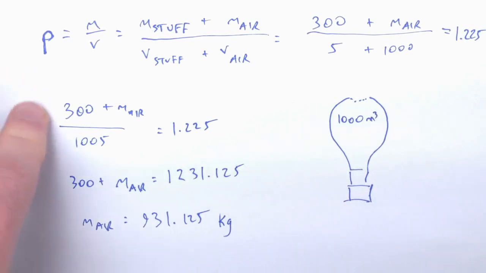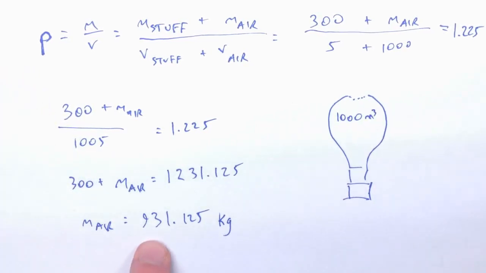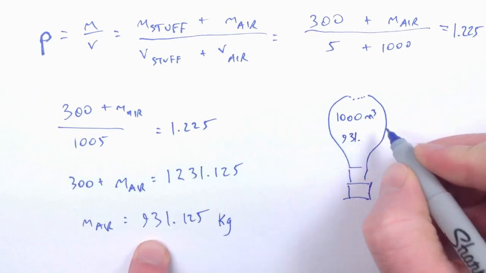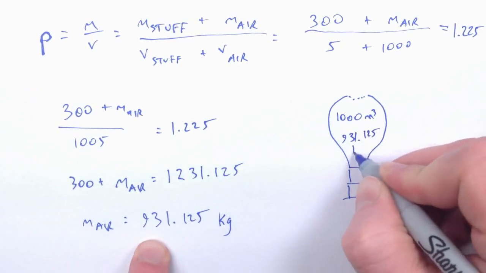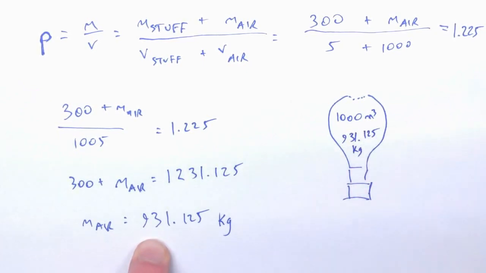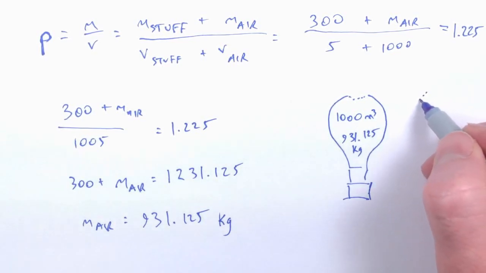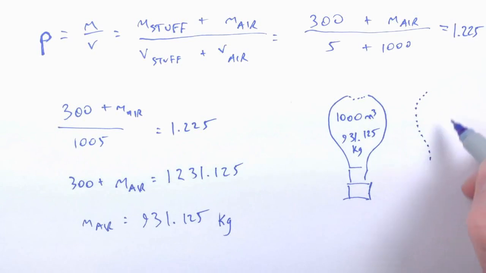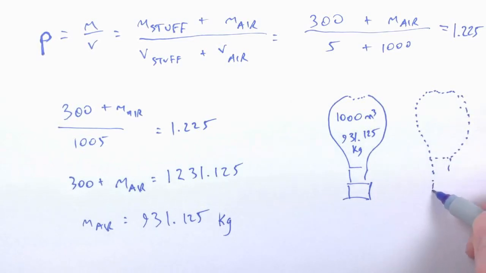However, we're only going to be able to put 931.125 kilograms of air in there. Because if we do that, then when you factor in the volume of the material of the balloon and the mass of the balloon, this is going to end up having the same density as the same volume of just air.